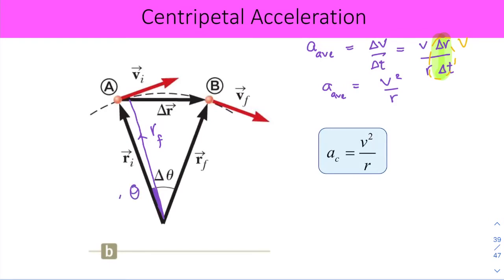This is our angle right now, delta theta. So the V final is here. Almost the same, right? So almost the same. So that means for this point, the A average is almost the same as the A instantaneous. Condition: the angle is very small, representing the time also approaching 0.